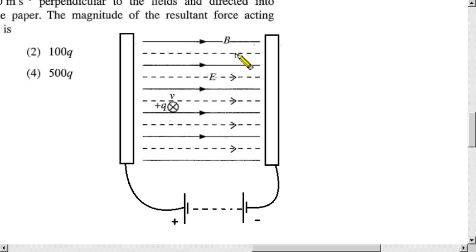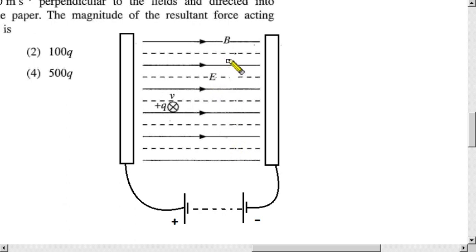So these arrows are not given. The direction you don't know, but if you know what I explained, then you can find the direction. So let us delete the arrows like this.